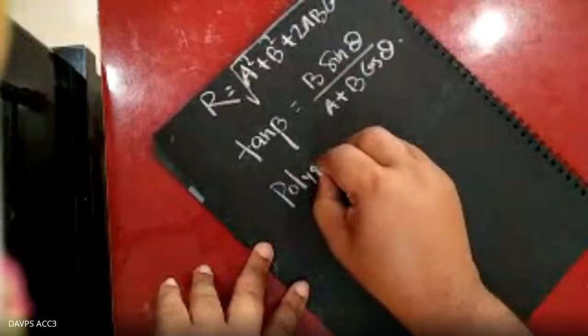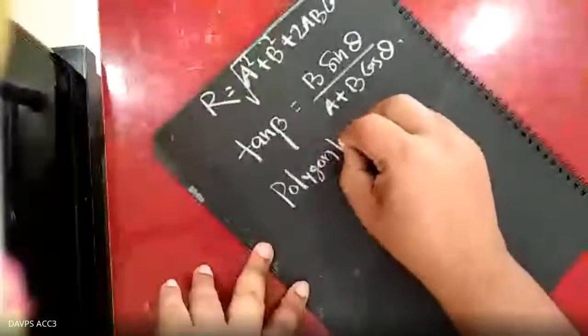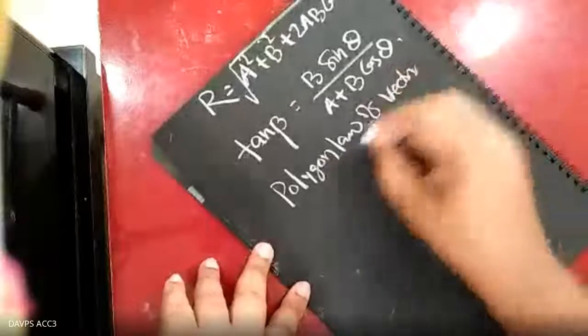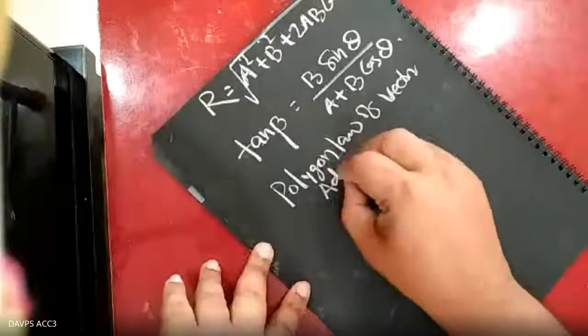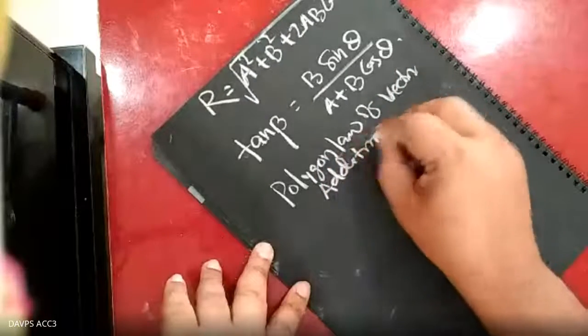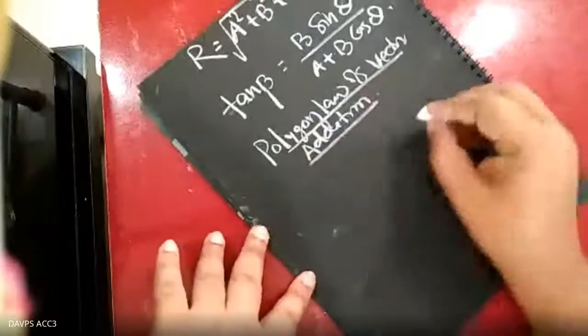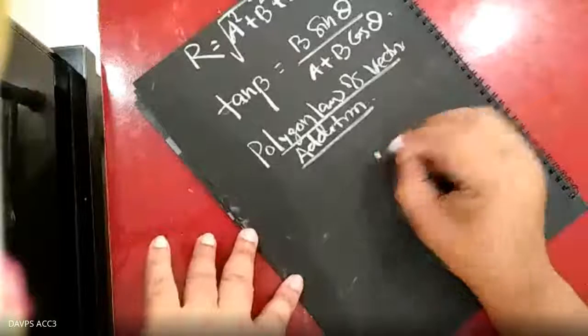Polygon law of vector addition. So polygon, what it tells? Why it is told as the polygon? Because many vectors are acting on it. Suppose, for example, here one particle is here, one body is here.